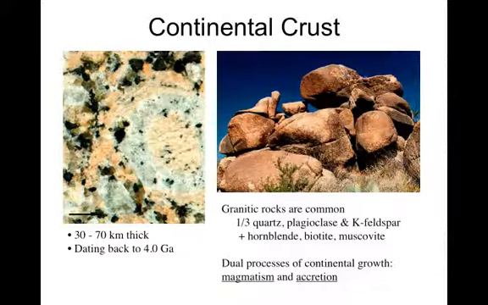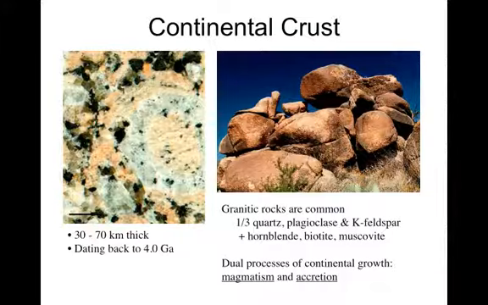But if we were just going to generalize, granitic rocks are fairly common and contain about a third quartz, plagioclase, and K feldspar, and to a lesser extent hornblende, biotite, and muscovite.